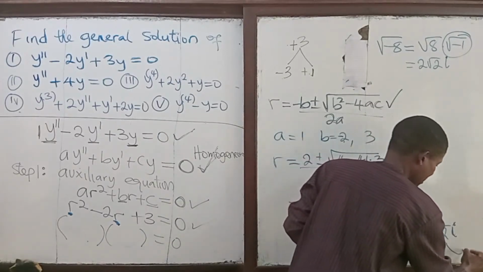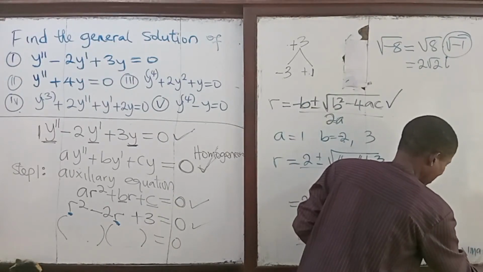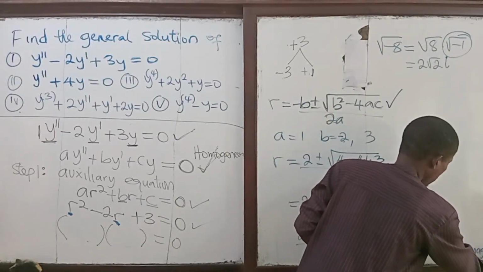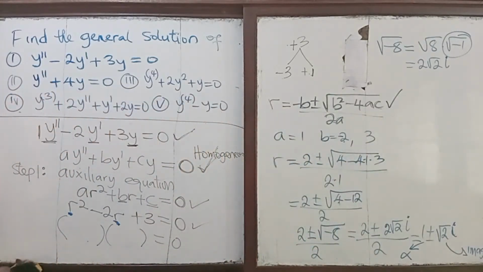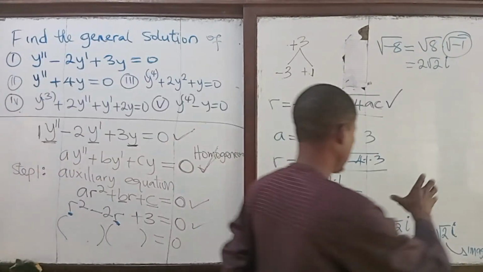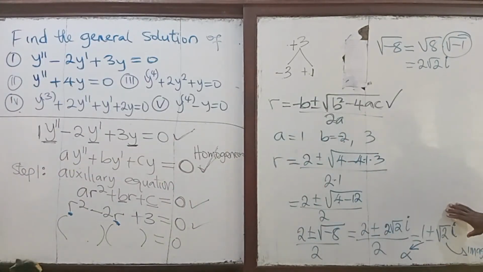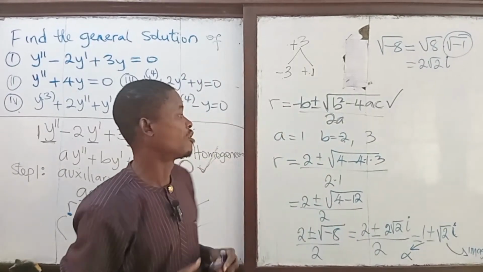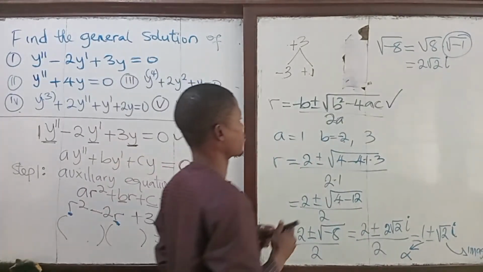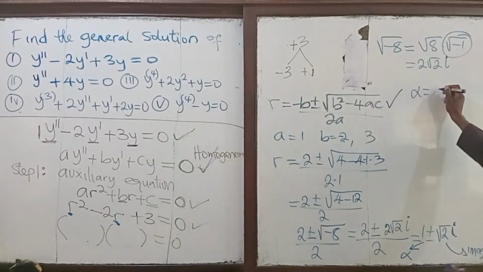A complex number is a combination of the real part and the imaginary part. And this solution, the root of the quadratic equation, is giving us two distinct complex numbers.